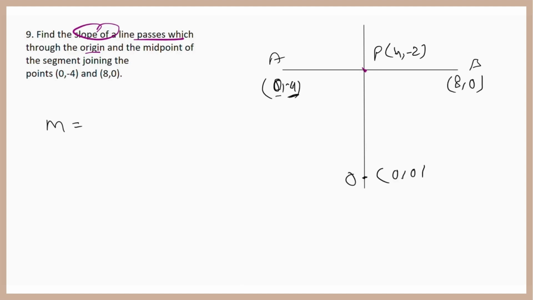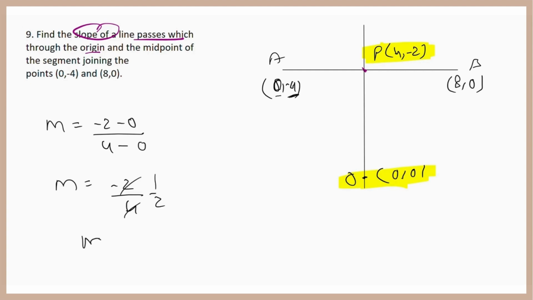So let me once again show you. We have y1, y2 as this and x1, x2 as this. So m is equal to y2, which is minus 2 minus 0, over x2, which is 4 minus 0. So clearly m is equal to minus 2 over 4. And when reduced, it can be written as minus half. So the required slope of the line is minus half.